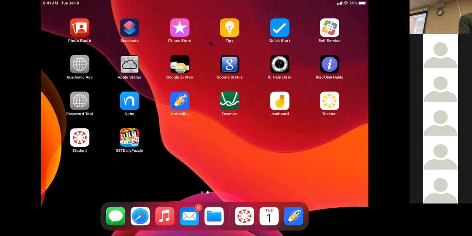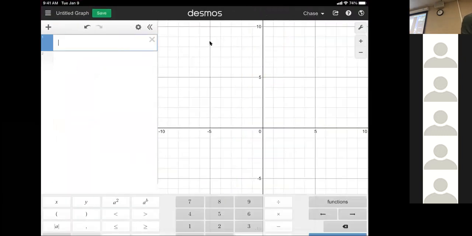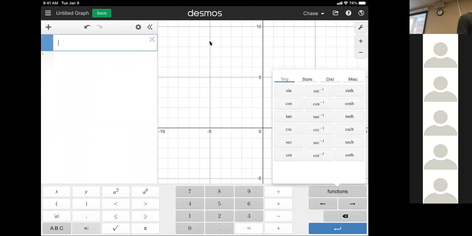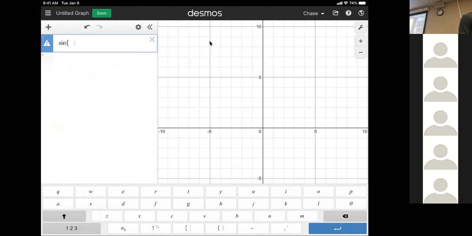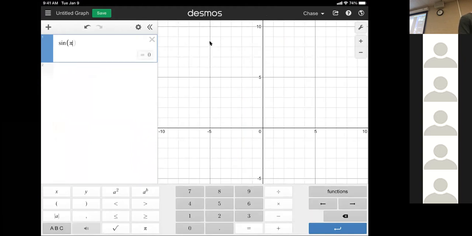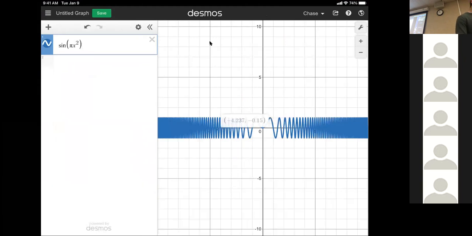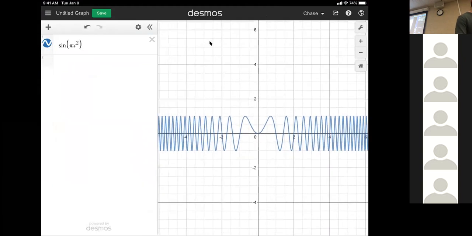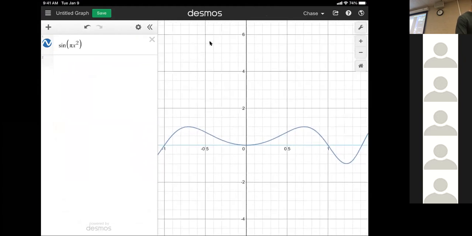Well, let's go plot it in Desmos. Sine of pi times x squared. There we go. And we're specifically interested in integrating this between x equals plus or minus 1.